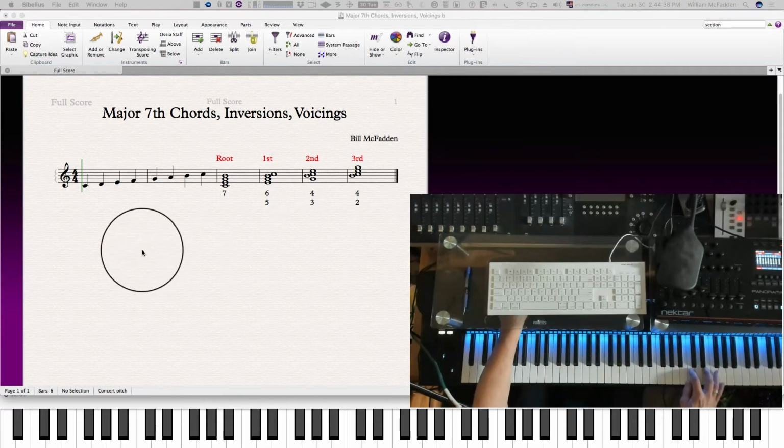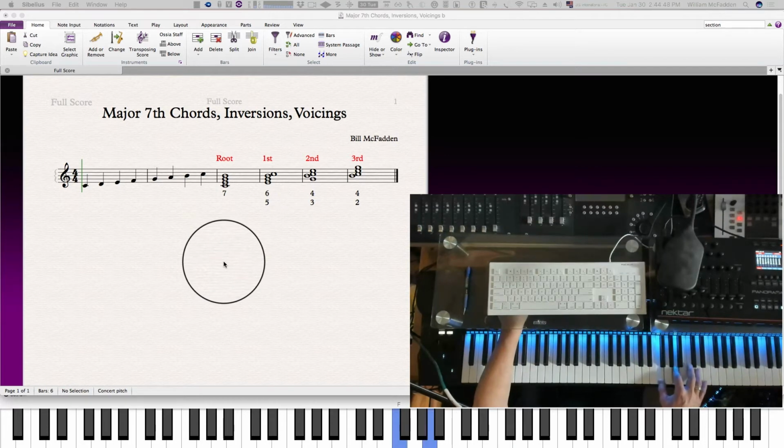Now, this would be true for, suppose we're doing, say, an F major 7, so the F scale. So you have your first, your third, your fifth, and your major 7. The minor 7 would be E flat.